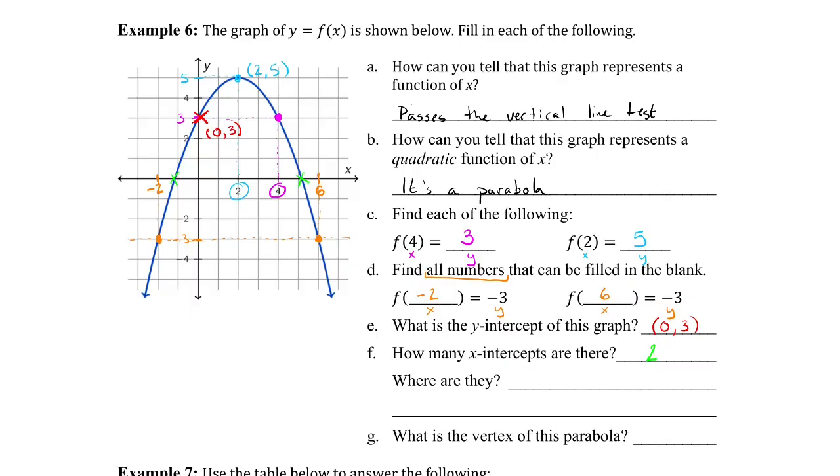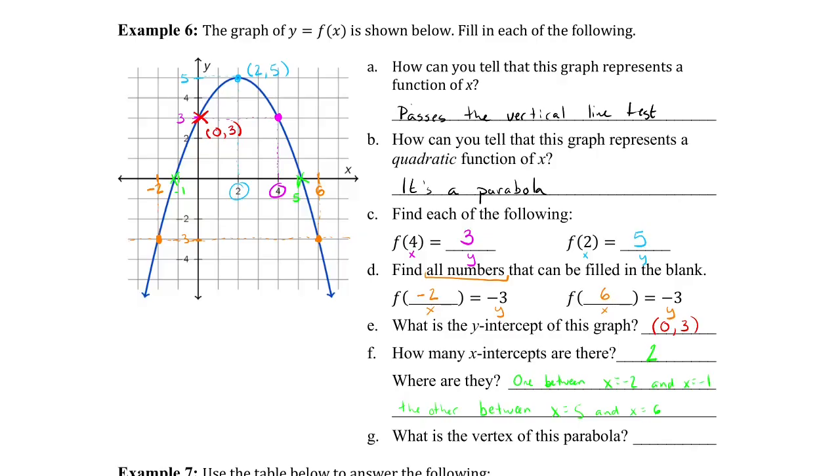And these ones appear to be at fractional points, right? The graph crosses the x-axis once between -2 and -1. And then the next one, it crosses the x-axis again between 5 and 6. So we can't exactly read the coordinates of the x-intercepts in this specific example.